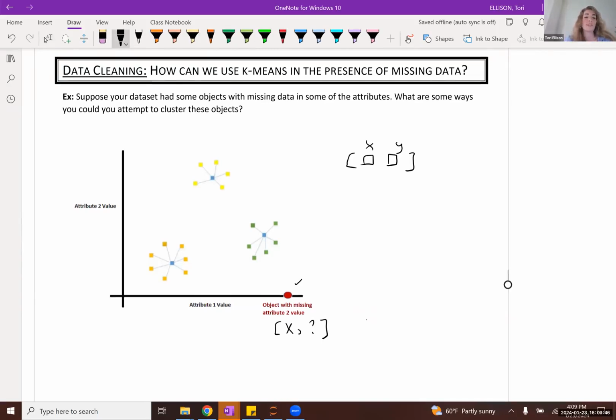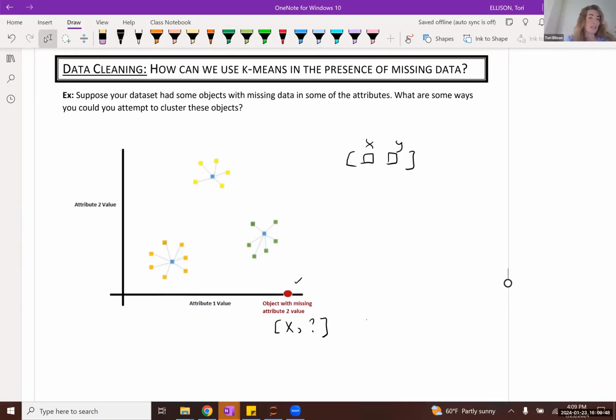So what are some ways that we could attempt to cluster these observations with missing values? Yeah, so we could simply cluster by the x value. Now, given the way that k-means works, or the way that we introduced it to you, would we be able to use this point in the algorithm itself, or would we have to introduce it in the end after we'd already clustered the data?